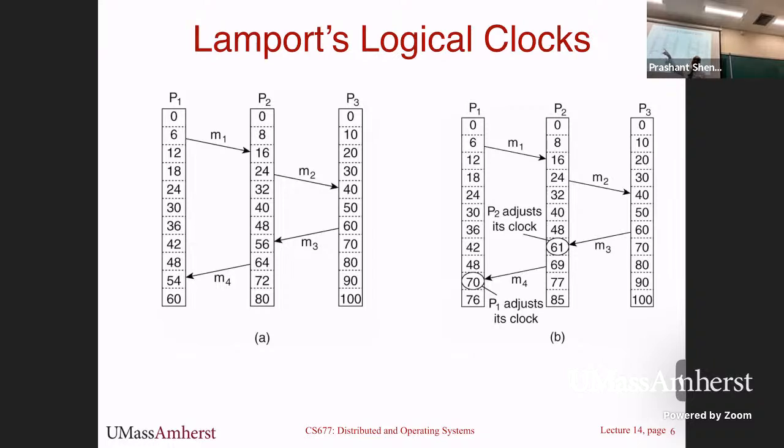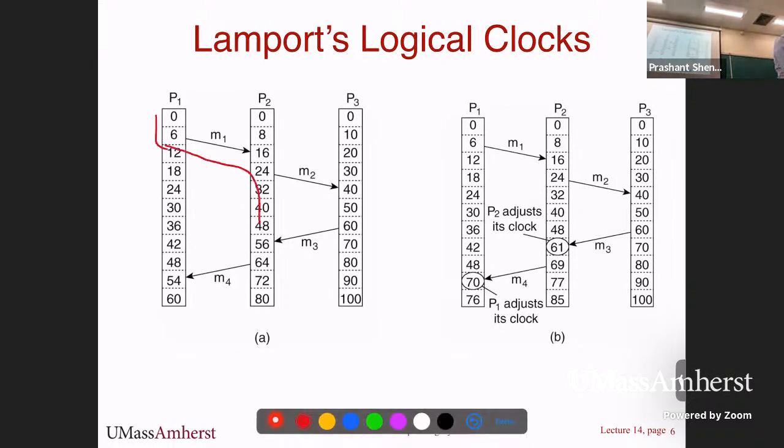So 0 through 6 on P1 have happened before 16 to 80 on P2. That ordering is respected because there is a send here, that's a receive, that's a relationship. So everything before the send and everything after the receive is ordered.